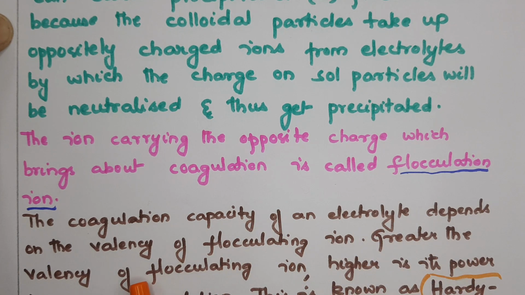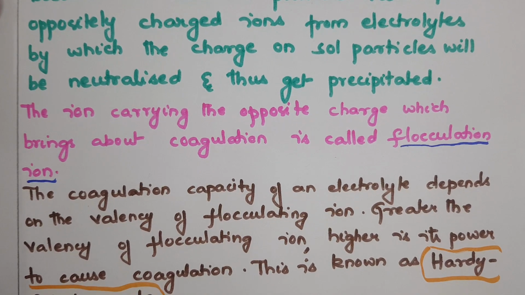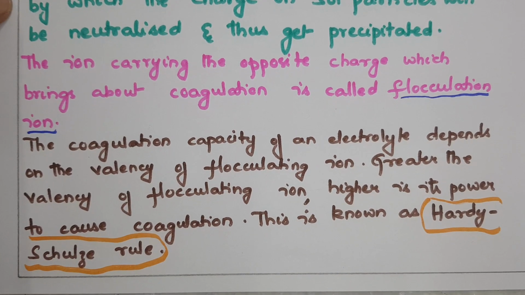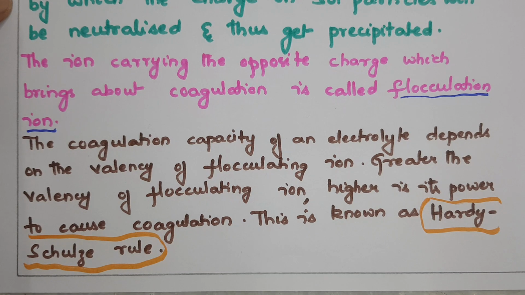Now, greater the valency of the flocculating ion, greater will be the power of coagulation. Greater the valency of the flocculating ion, higher is its power of causing coagulation. This is known as the Hardy-Schulze rule, students. So when you are asked the question on the Hardy-Schulze rule, all the points whatever I explained above you should write.